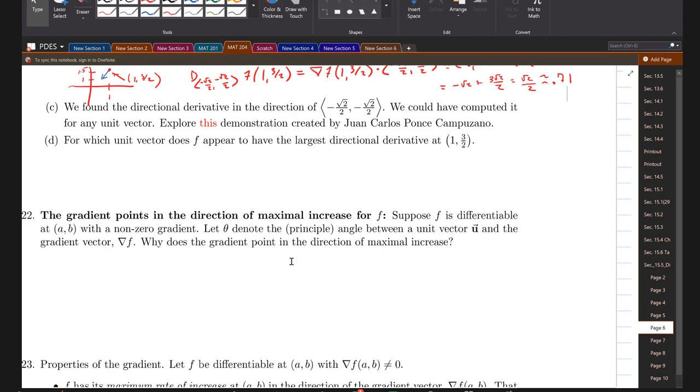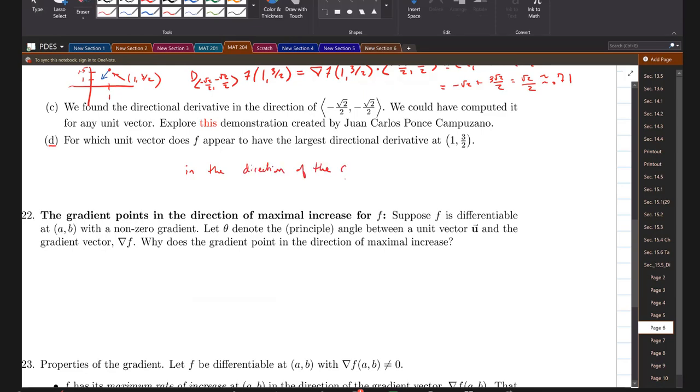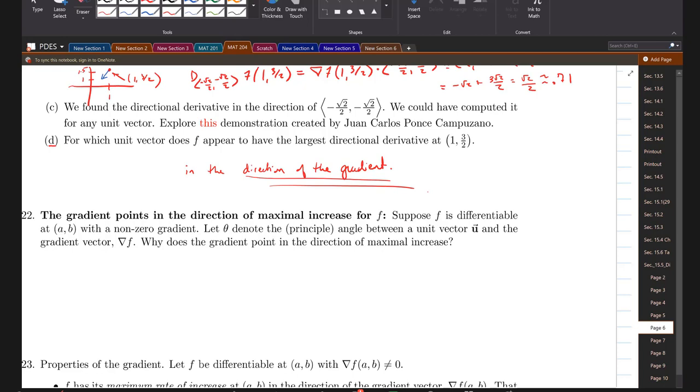Okay, so we answered in D here, we said it appears that you have the largest directional derivative in the direction of the gradient. And if there's one thing that you need to take home from what the gradient is calculating, it is that the gradient points in the direction of steepest ascent.